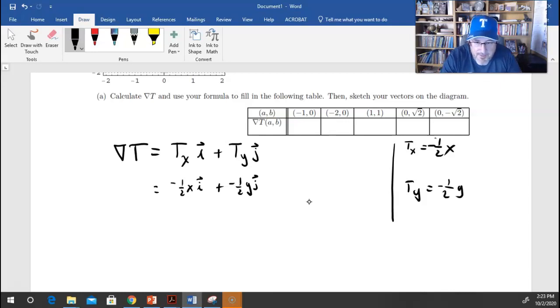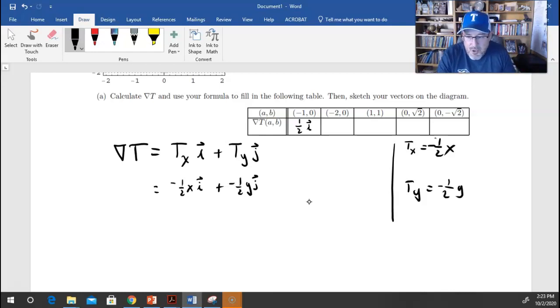All right, so the gradient vector at these different points a comma b. In the first case, a is -1, b is 0. So at the point -1, 0, if x is -1, that would be positive 1/2 i. If y is 0, that is just 0. So this would be the vector 1/2 i. Let's just emphasize here that the gradient is indeed a vector. And so the vector in this case at -1, 0 is 1/2 i.